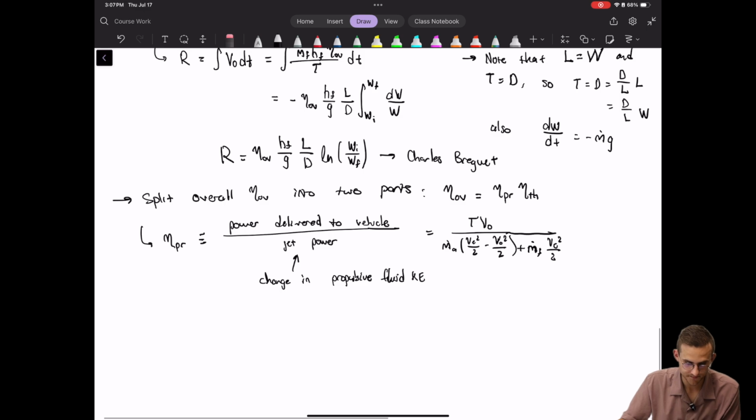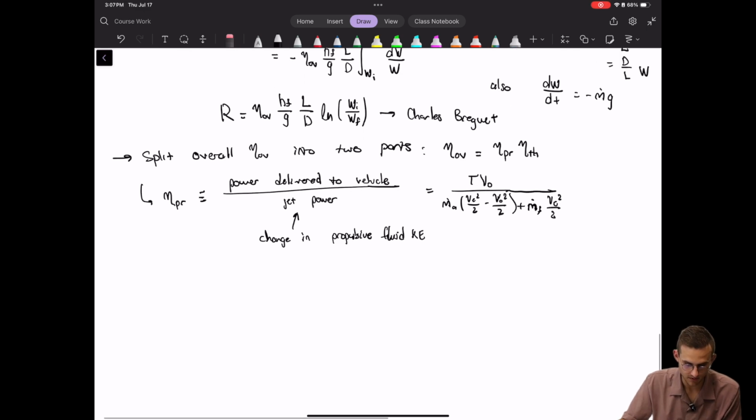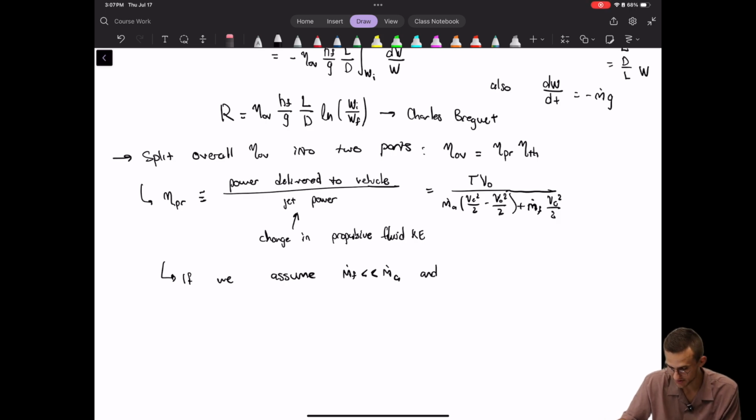One thing that's interesting about the propulsive efficiency is that if we assume that m dot f is much, much less than m dot a, which is true in most cases, and that the flow is perfectly expanded.